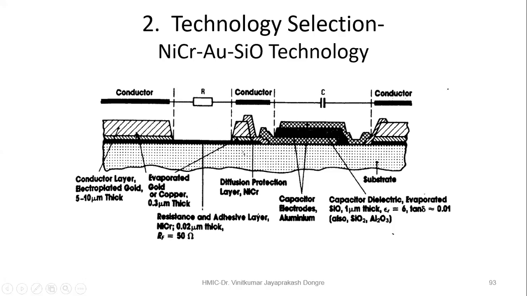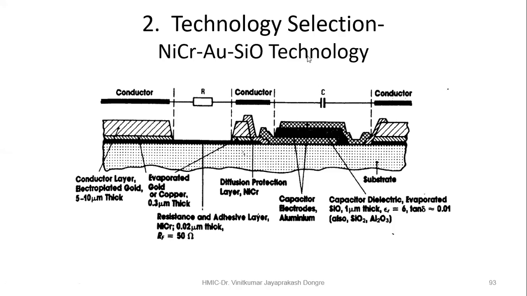And for the conductor, this cross line is the conductive layer. In the conductive layer, electroplated gold of 5 to 10 micrometer thickness is used, and below that, evaporated gold or copper with 0.3 micrometer thickness.